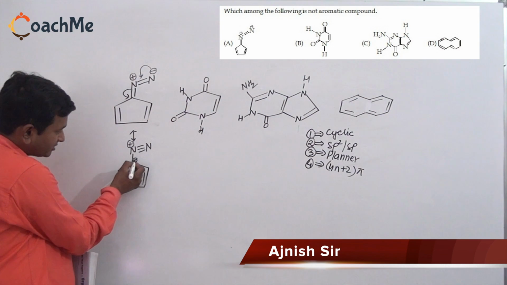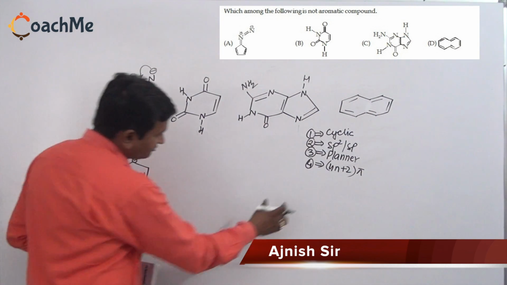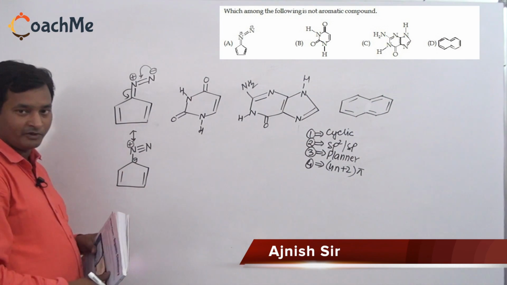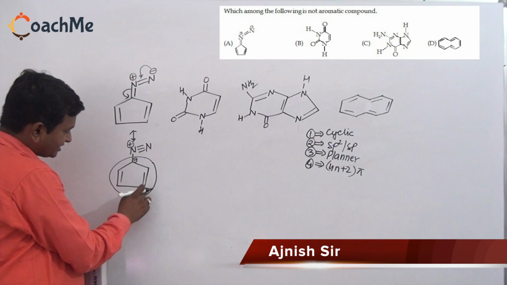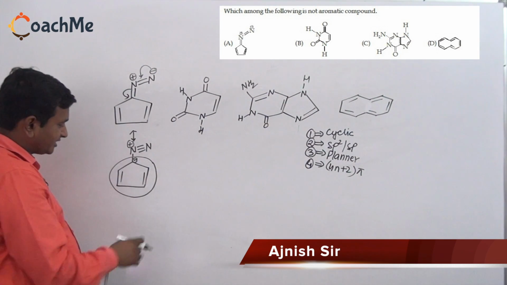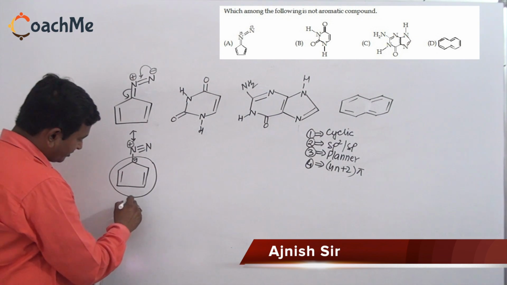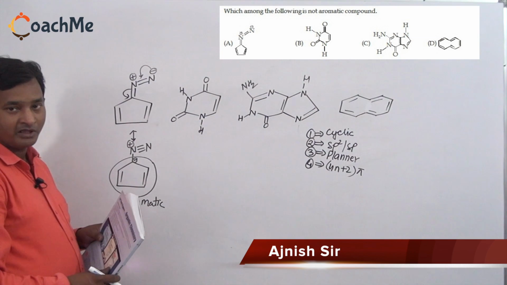So these 2 electrons are also counted in the 4n plus 2 pi electron system. So here the system is cyclic in nature. Each atom is sp2 hybridized, the molecule is planar, and the total number of pi electrons is 6. Therefore, this molecule is aromatic in nature.